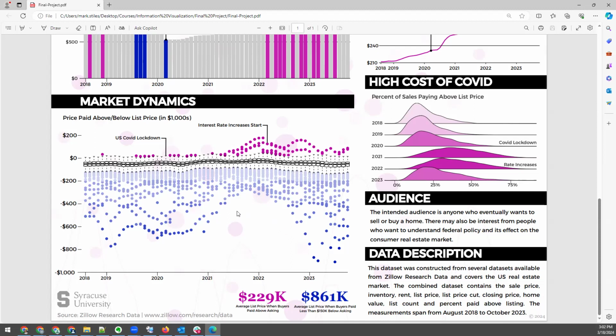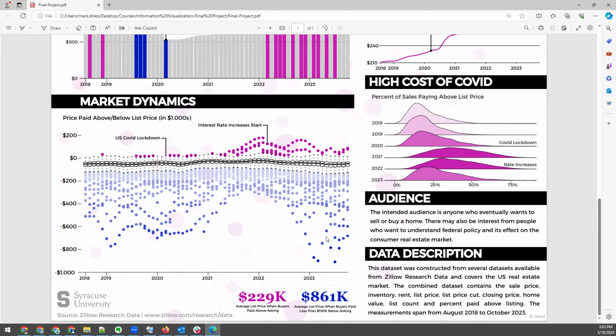And people who were buying pretty expensive homes were suddenly not able to get a cut on that price here in this gap. They were starting to almost pay that very expensive list price. So that to me was really interesting. I didn't expect that. I also didn't expect it to come back after the interest rate increase. So these were definitely eye-opening for me.